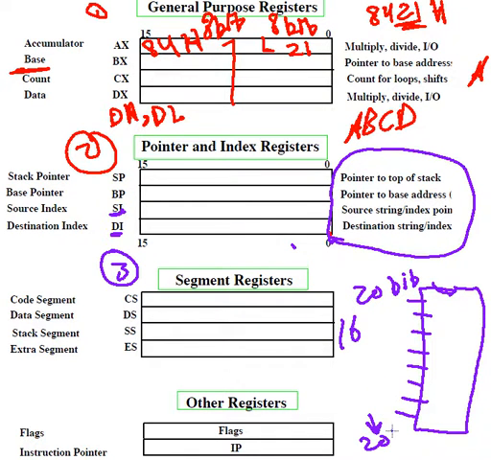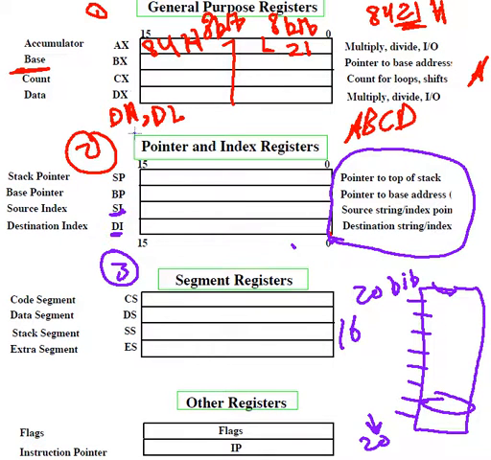In order to get to a specific location in the memory, you take the segment register, multiply it by 10 hexadecimal, and add that number to IP, for example.